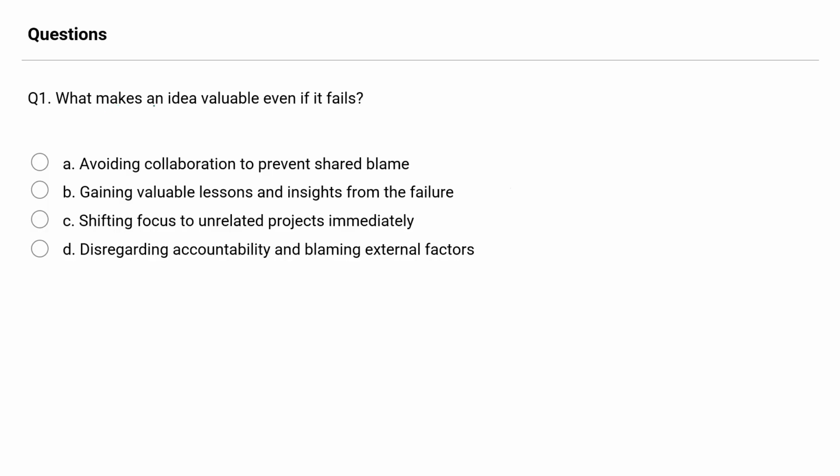So what is it that still remains valuable even though the idea has failed? The options are: avoiding collaboration to prevent shared blame, gaining valuable lessons and insights from the failure, shifting the focus to unrelated projects immediately, and disregarding accountability and blaming external factors.